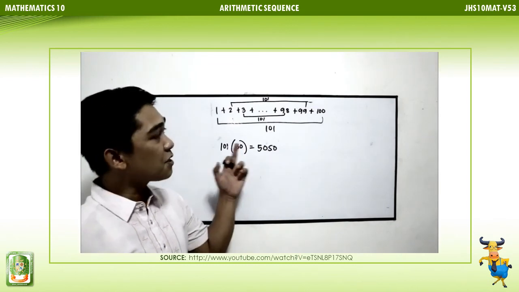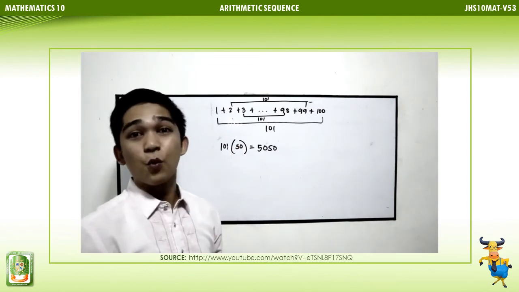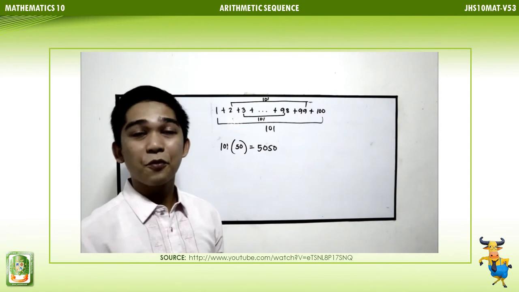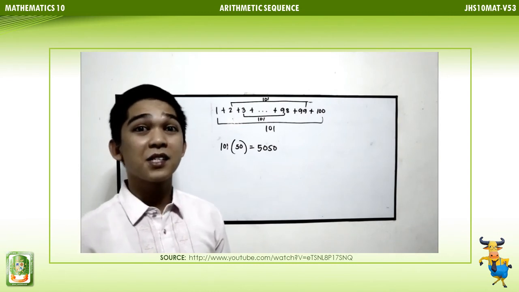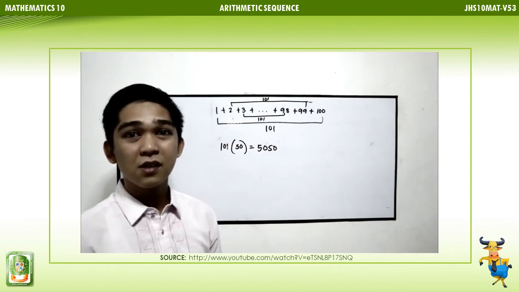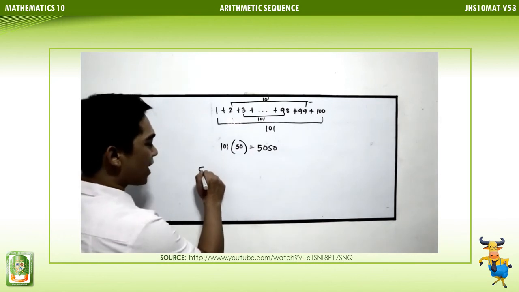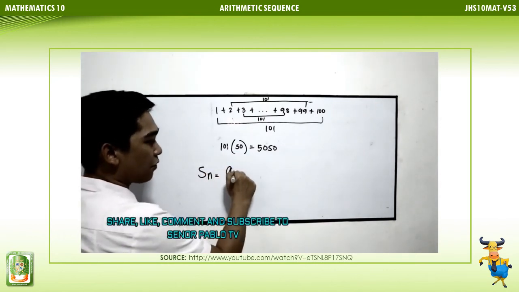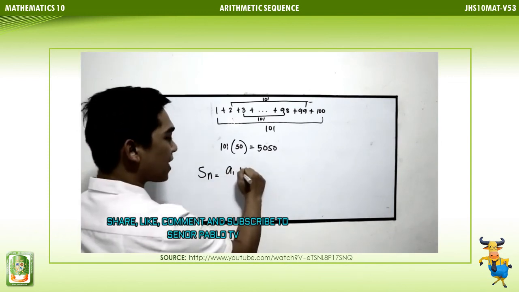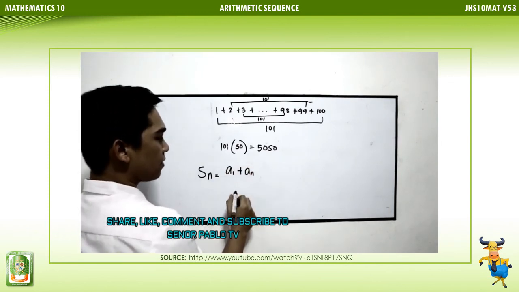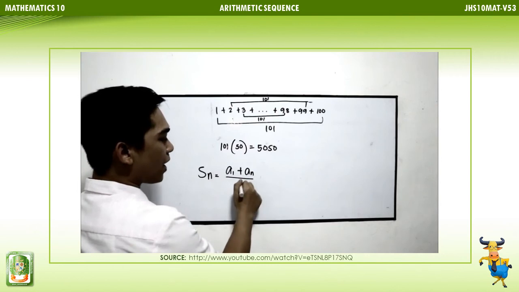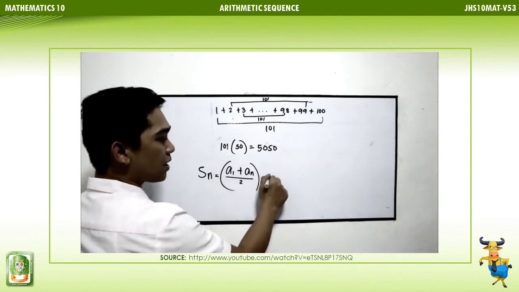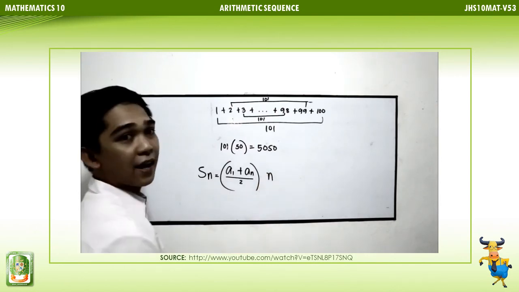So in this method came our SN formula, or the arithmetic series, denoted by the formula SN equals A1, the first term, plus AN, divided by 2 times the number of terms.